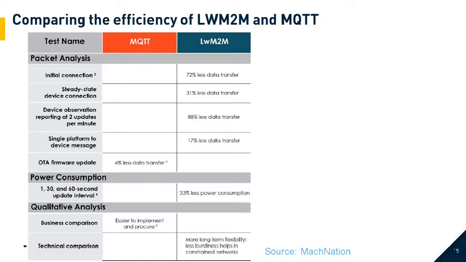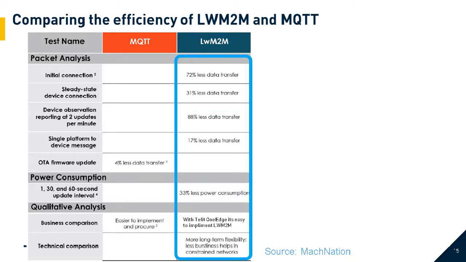An important note on lightweight M2M, because we talk about it a lot these days. Lightweight M2M has a lot of efficiencies. There's a recent report from Mock Nation that shows that lightweight M2M uses something like 70% less data in a typical session with a device.